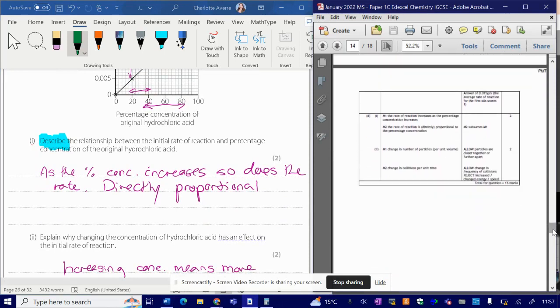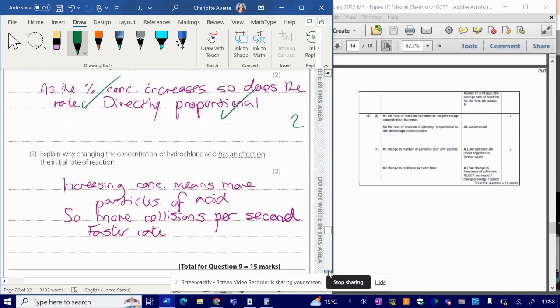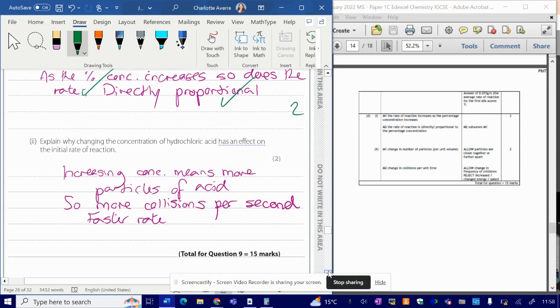Okay, we get a mark for saying that the rate increases as the concentration increases, and we get a mark for saying it's directly proportional. It says in the mark scheme mark 2 subsumes M1. That means if you've written directly proportional, you get both marks automatically because you've described the mathematical relationship, and that includes the fact that the percentage concentration increases as the rate causes an increase in the rate.